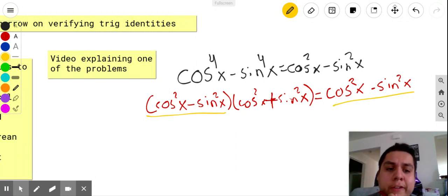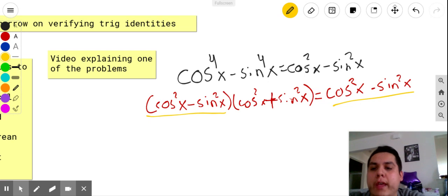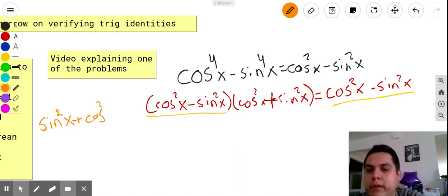However, I need to figure out what to do with that cosine squared plus that sine squared that's in the second set of parentheses on the left side. I'm going to go ahead and use my Pythagorean identity because I know that sine squared of x plus cosine squared of x should equal 1.